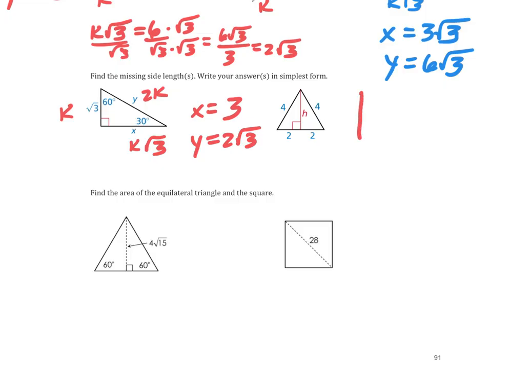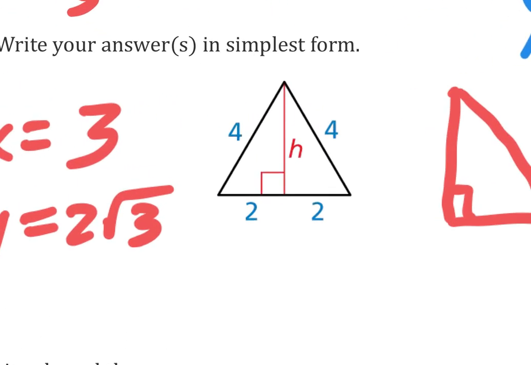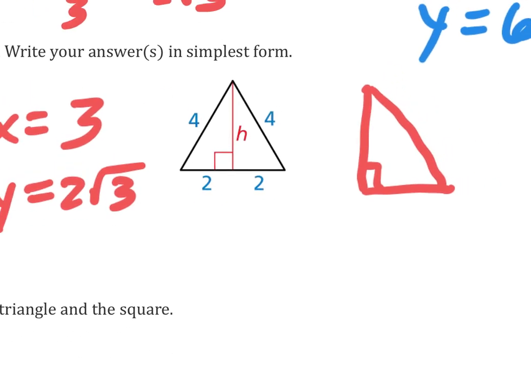If I were to redraw this, because we said that this was equilateral, didn't turn out very good. Should be 60 and 60. Zoom in a little bit here. So my 60-degree angle is going to be down here.